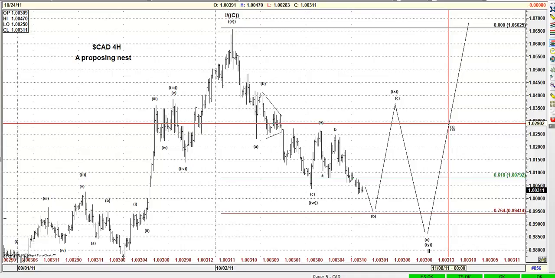So not necessarily they need to top on the same day, but we like the idea that the euro dollar, the Aussie, cable, and even the dollar CAD can be done with one more low or high. So maybe the dollar is going to top or bottom first, and then the S&P and the oil is going to follow. So keep that in mind.